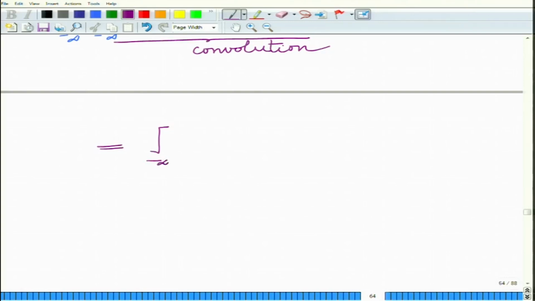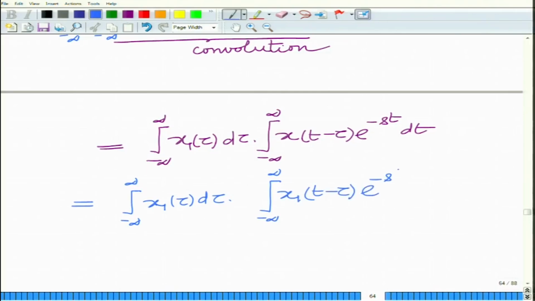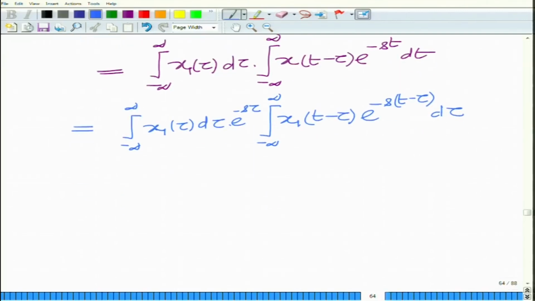I can make this the integral from minus infinity to infinity of x1(tau) d tau, times the integral from minus infinity to infinity of x2(t minus tau) e raised to minus st dt. Now I can write e raised to minus st as e raised to minus s(t minus tau) times a factor of e raised to minus s tau, which I am writing outside. So, I am multiplying by e raised to minus s tau into e raised to plus s tau.